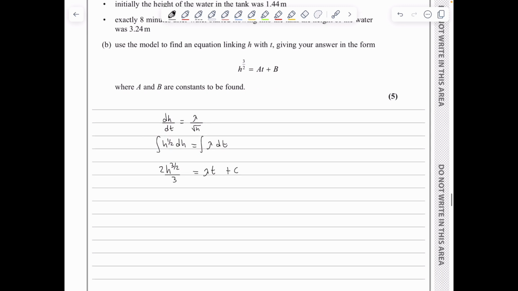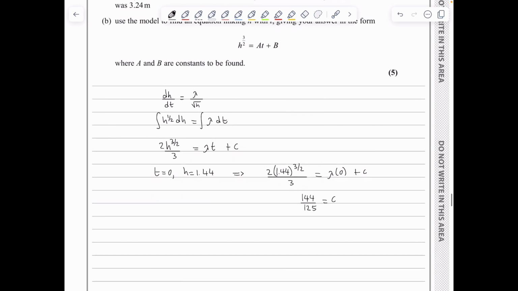We know that when t is 0, initially the height was 1.44, so I can substitute to get 2 times 1.44 to the 3 over 2, divided by 3, is equal to lambda times 0 plus c, and this leads to c being 144 over 125. I will then use the second piece of information.